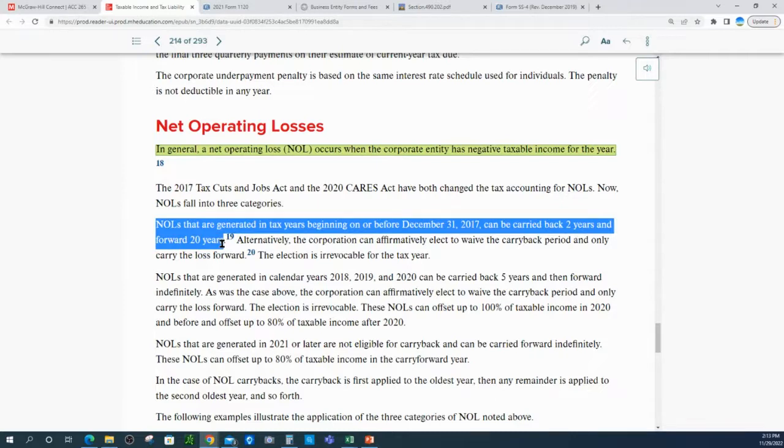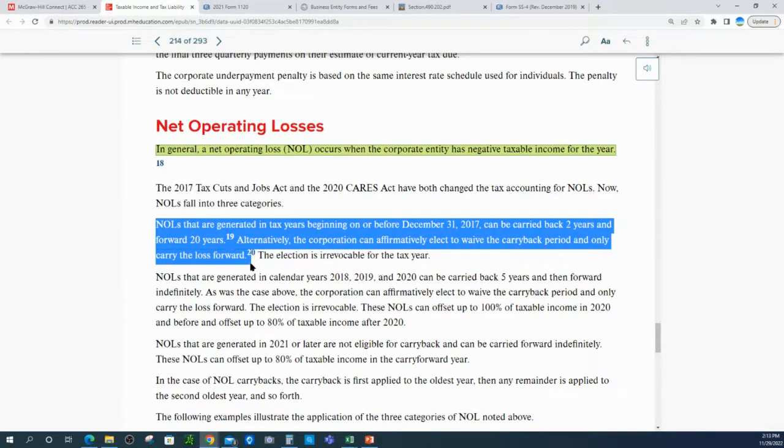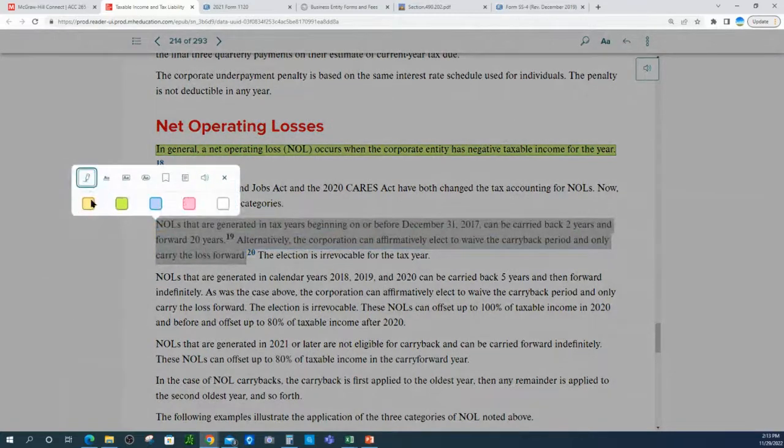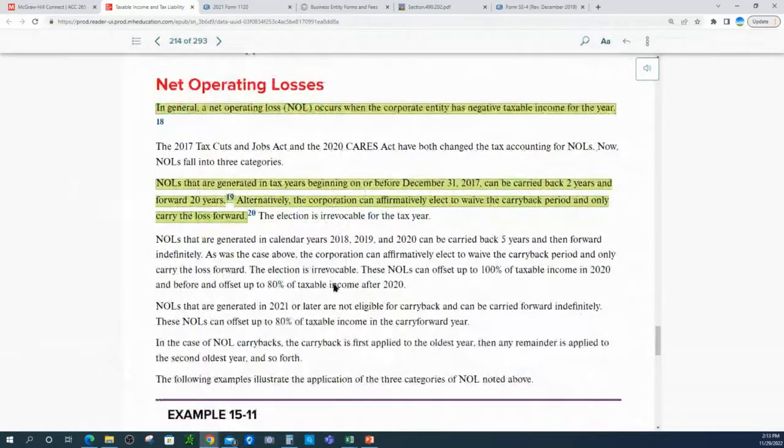That means that we're going to amend our tax return again if we go back with it. It can offset earlier income. You can also waive the carryback period and only carry it forward. So you do have the choice of doing that. That's if the NOL was on or before December 31st, 2017.